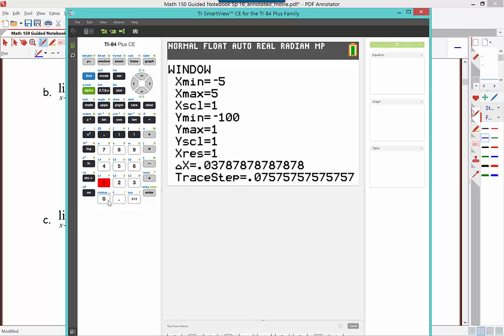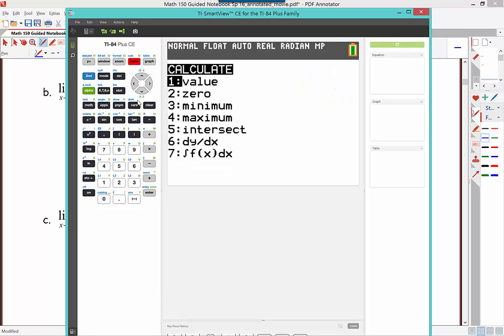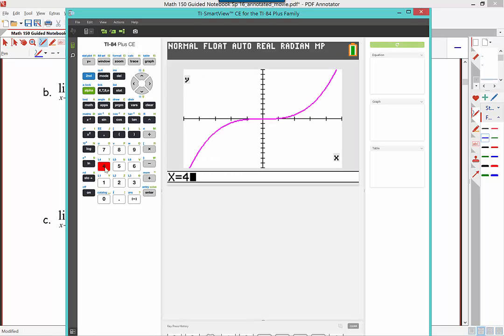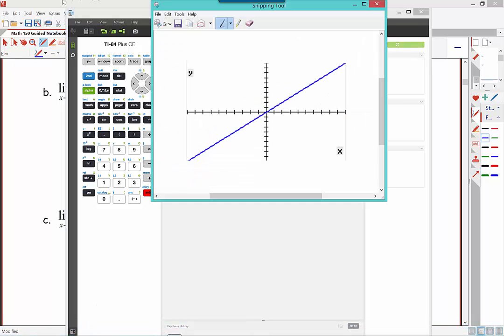And then we can adjust the scale on the y to 10. And let's check that out. There we go. So now let's go to second, calculate value, and we'll put in x is 4. And so you'll get that ordered pair on the graph. So we'll copy this one.